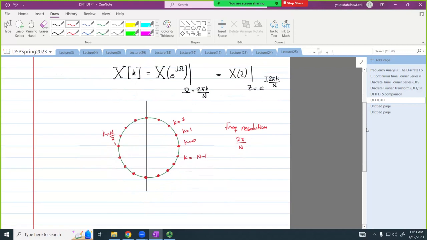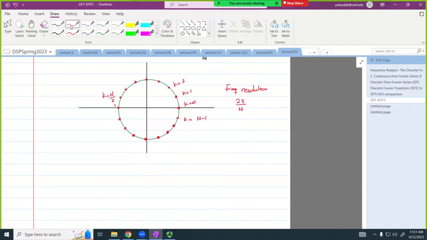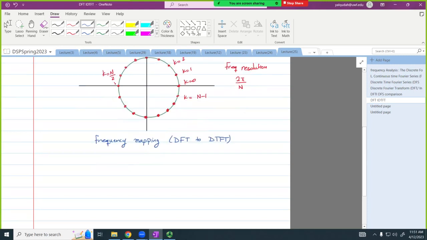Okay, one more thing. The frequency mapping between the discrete Fourier transform and the discrete time Fourier transform is the following.